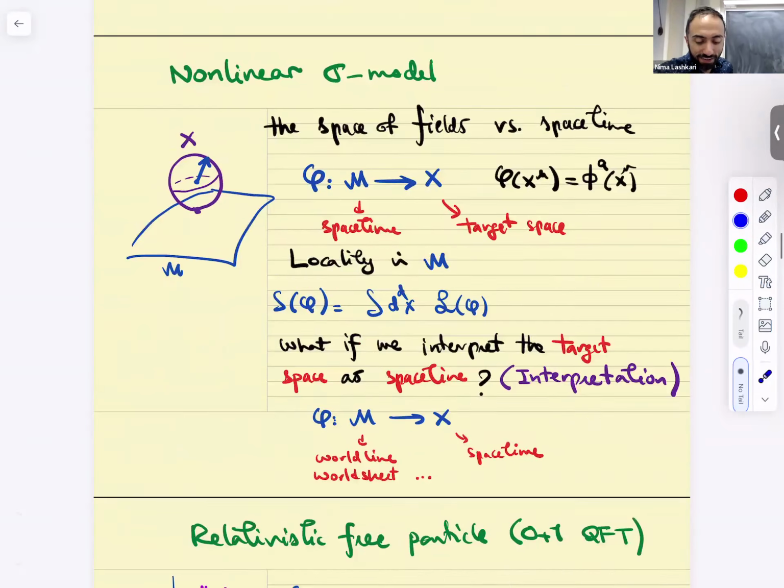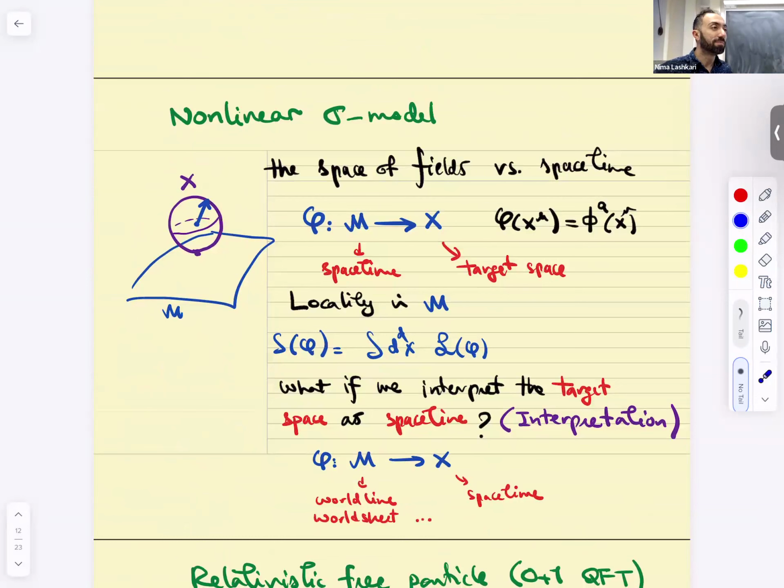All right, so this is the main idea. And in the interest of time, I'm not going to do 0 plus 0 dimensional QFT. Notice that when I say 0 plus 1, 0 plus 2, 0 plus 0, it's about the dimensionality of this auxiliary space.